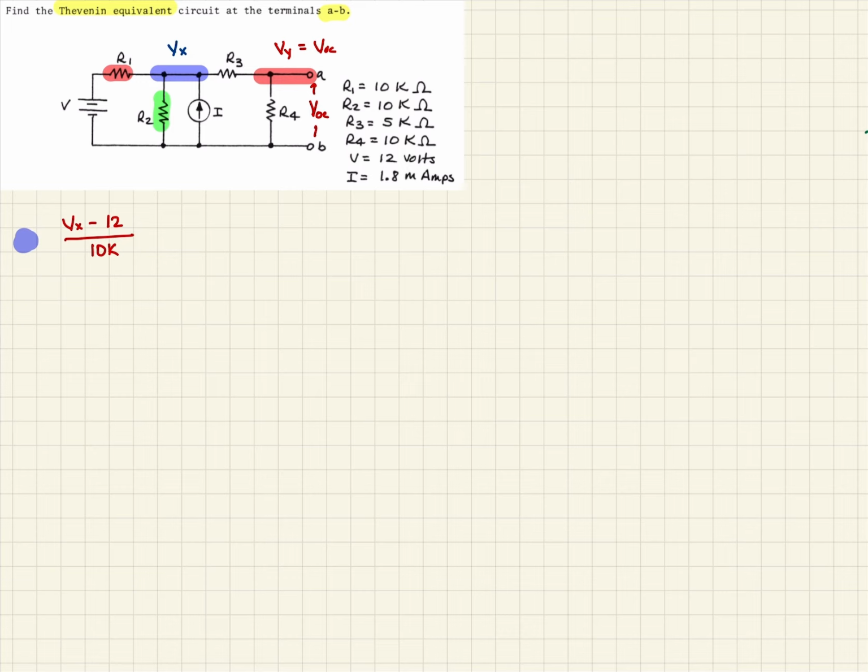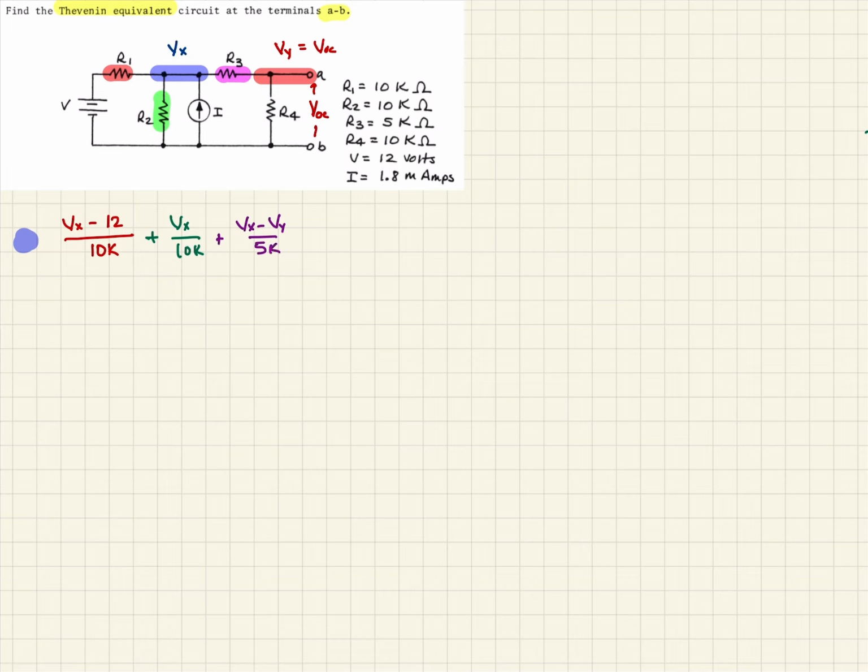And so the current from there is just going to be Vx over R2, which again is 10K. And then we see we have this R3 value here. And so we can write the current there. It's going to be Vx minus Vy over R3, which was 5K.